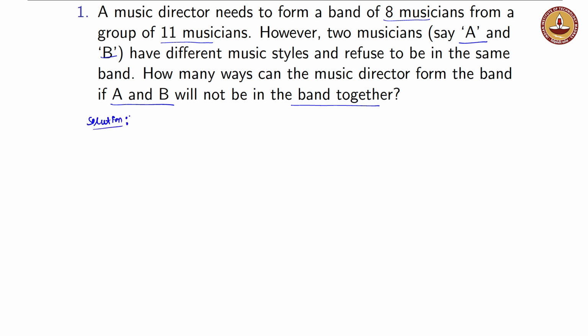We will see two different approaches. About the first approach, the condition is A and B will not be in the same band together.